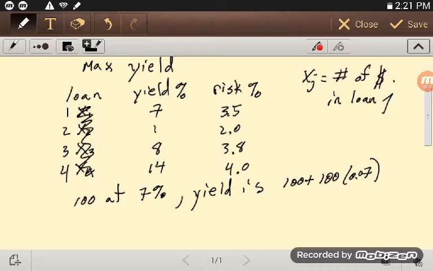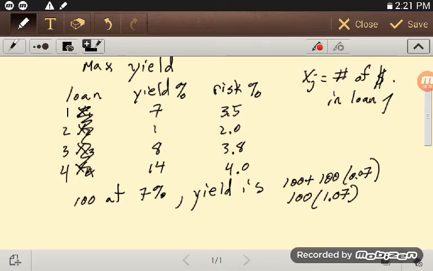Okay, that's what I think it is. So that would be 100 times 1.07. Now, maybe the yield is just that 7%. But it turns out it probably doesn't matter because if I want to maximize my yield, probably I'm going to allocate all $5 million, and so basically that's a constant. So it doesn't really matter.